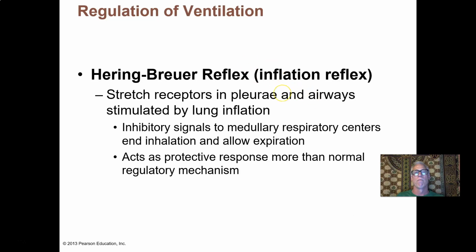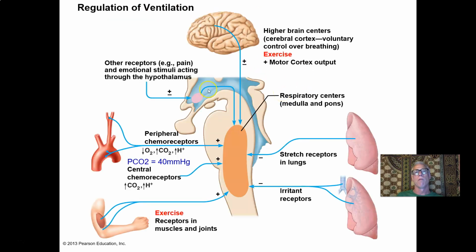So here's a little summary cartoon showing us all the things that we've been talking about. Stretch receptors in the lungs and in the chest wall will begin to inhibit inspiration as they continue to be stimulated. Irritant receptors in the airways can stop an inspiration.